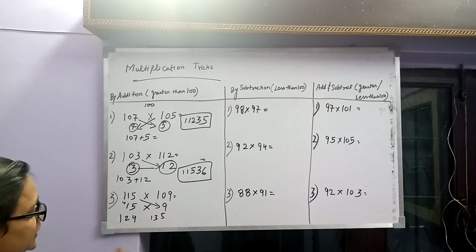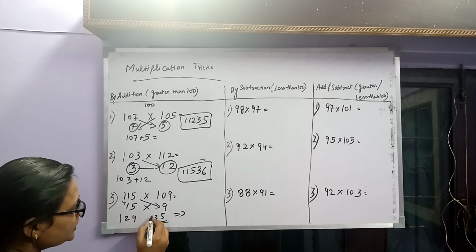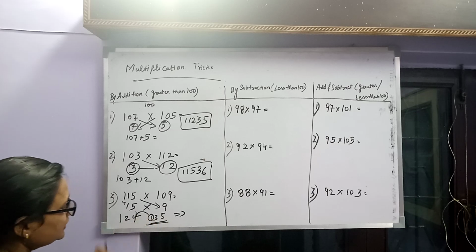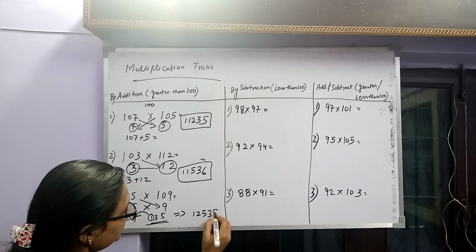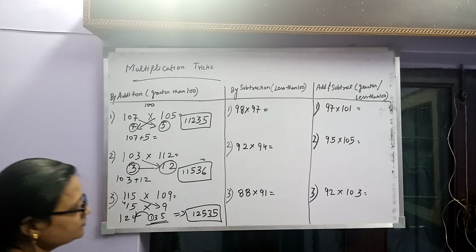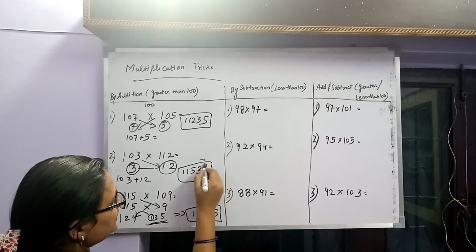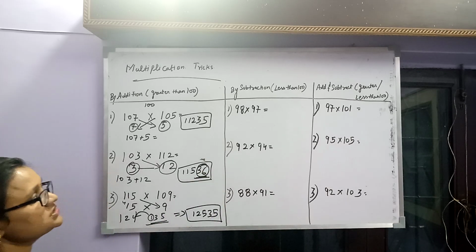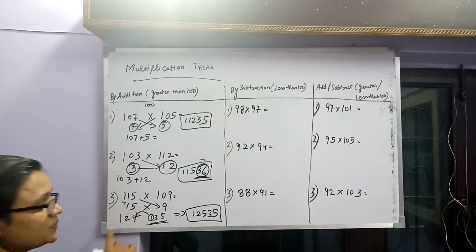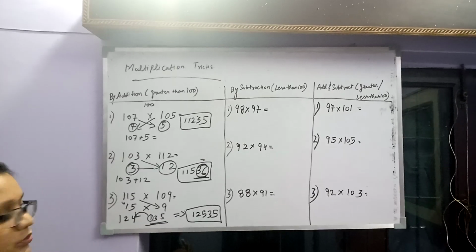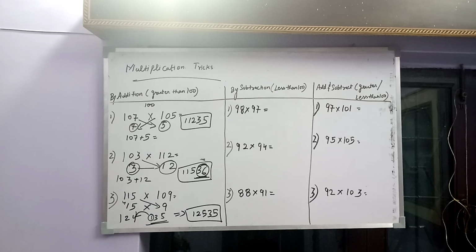Here we are getting 3 digits, so the extra digit is added to the number before it, and we get 12535 as the answer. We have to remember that at this place we can only have 2 digits. If we get 3 digits, then that extra digit should be added to the corresponding number. So this is our type 1, in which we do addition.